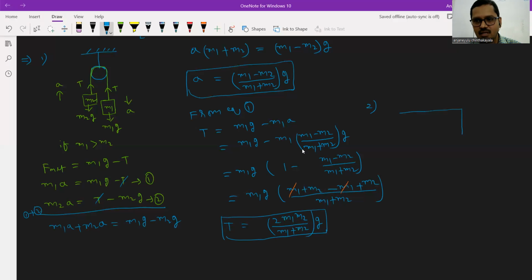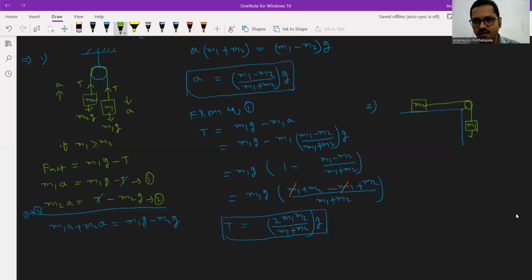One pulley is connected here, and one block is placed on this horizontal table. Like this, the two are connected. This block has mass M1 and this block has mass M2.